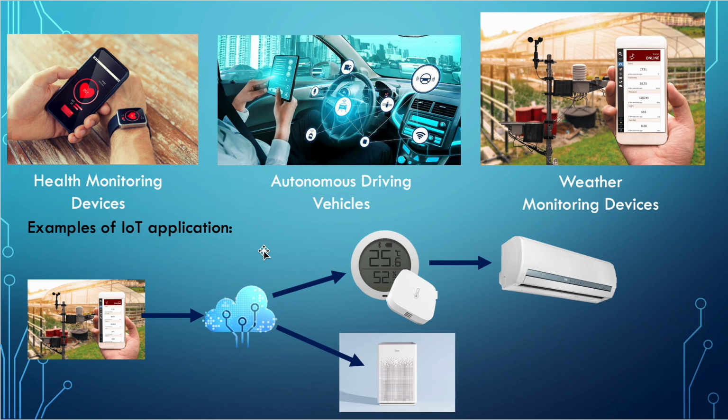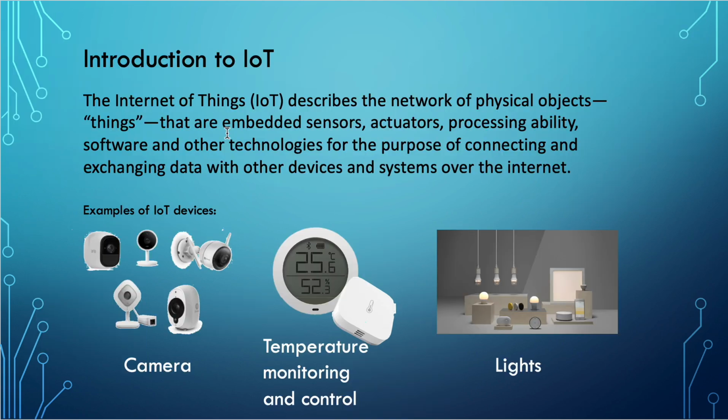Let's first look at the sensors which are embedded. If you take the definition, if the car is a thing or a physical object which is networked, there should be embedded sensors, actuators, processing ability, and software working with it.